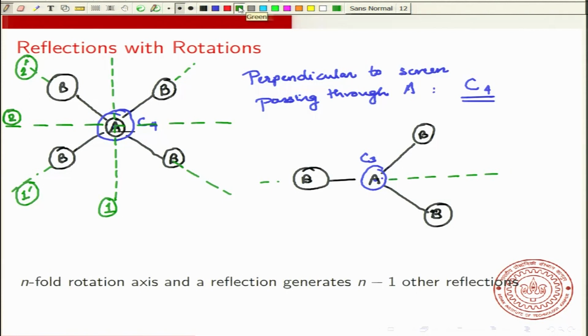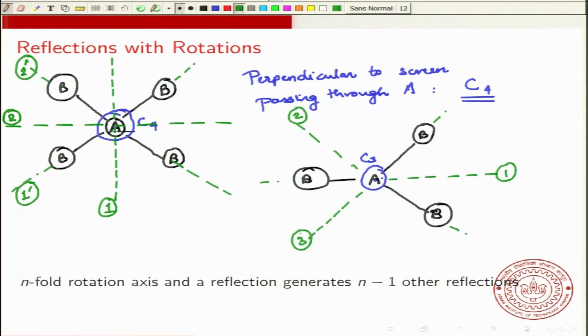Now, if I apply C3 on this mirror plane, then I will end up with this axis, and if I apply it again I will end up with another. So, essentially if you apply this C3 twice, you start with 1, then you will end up with 2 and then you will end up with 3.